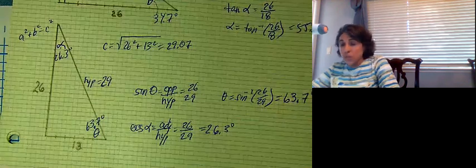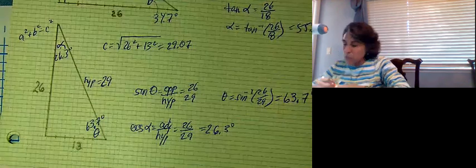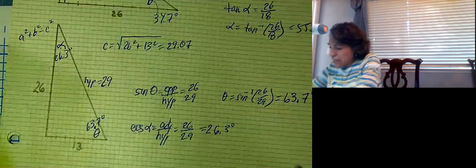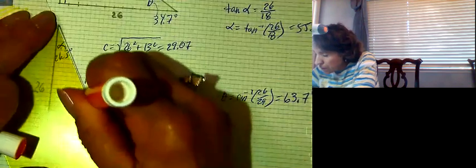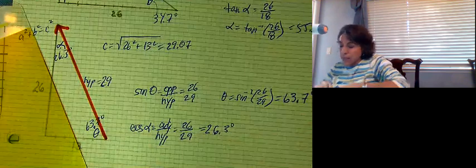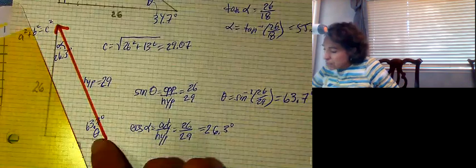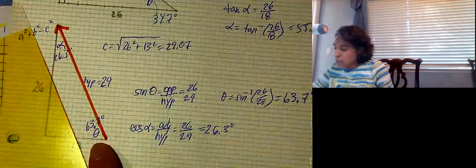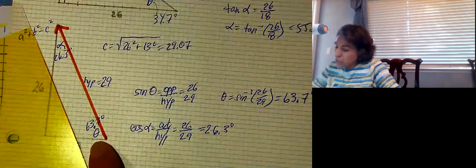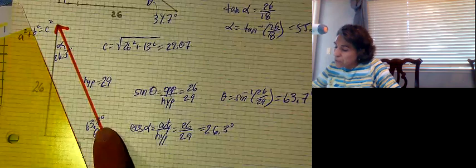Okay, so what does it mean to be resolving vectors? Let's say that our resultant vector is right here, going this way. Let's say it's 29 miles per hour of a rocket, and you did it at a 63.7 degree angle north of west.